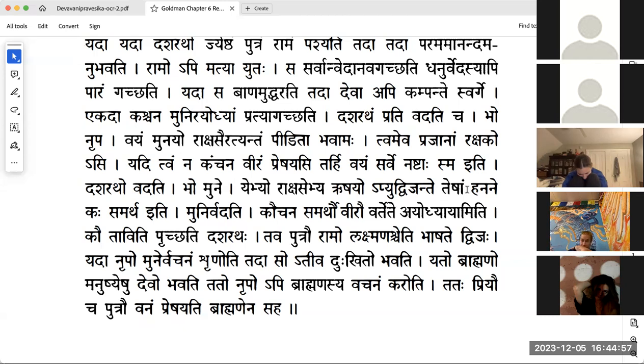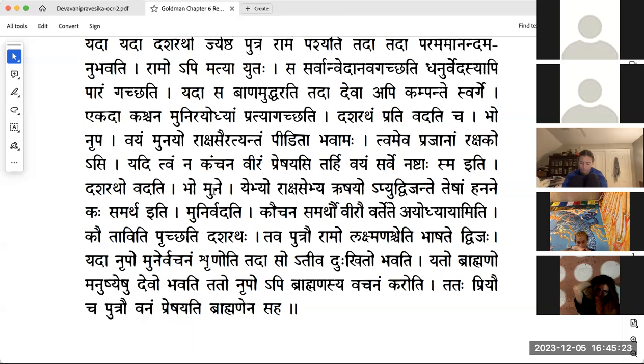I know, it's confusing, but it's really because there's an elegance in the Sanskrit that is so different from our word order in English. What you need to see, though, is that you have 3 different clauses. Well, you have 2 main clauses, but you need to see that the Tesham is connected to the Yebyo Rakshasebyo.